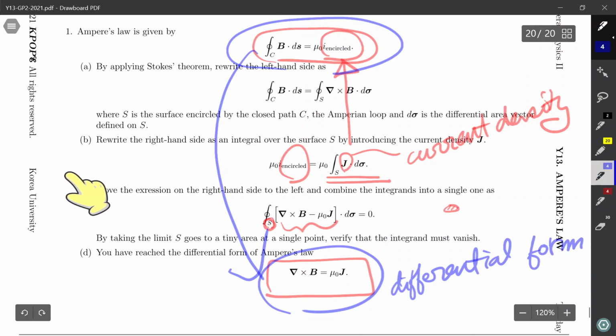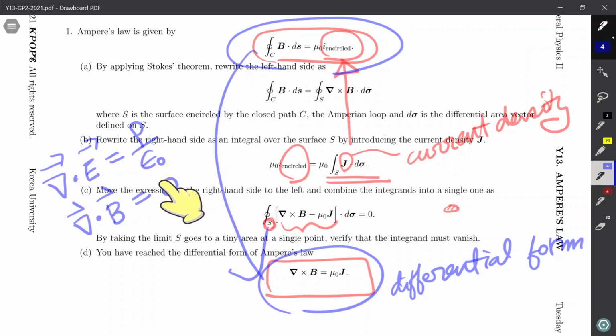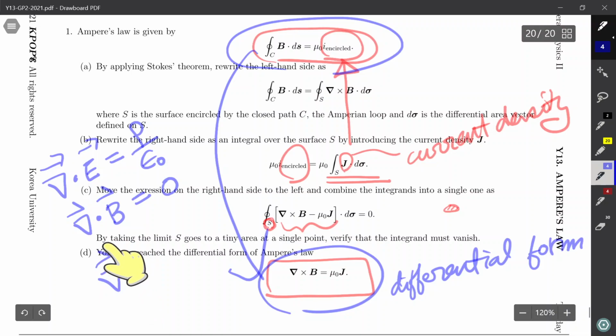So until now, we have Maxwell's equation for the electric field, the magnetic field does not have a monopole, and we have Ampere's law, curl B equals mu0 J. This is Ampere's law.